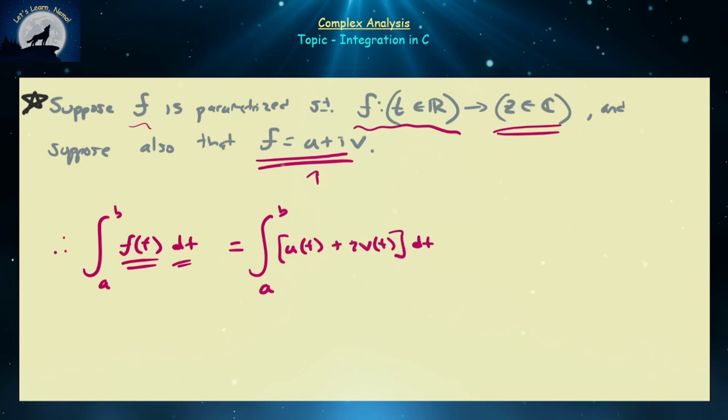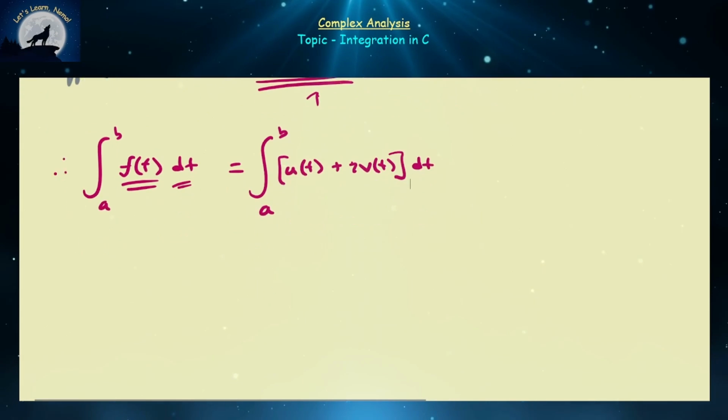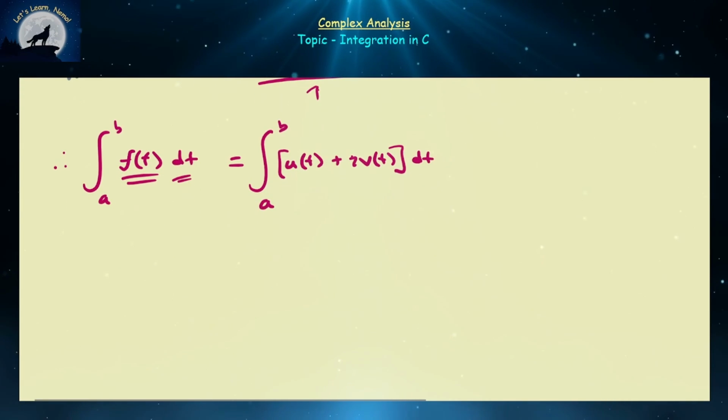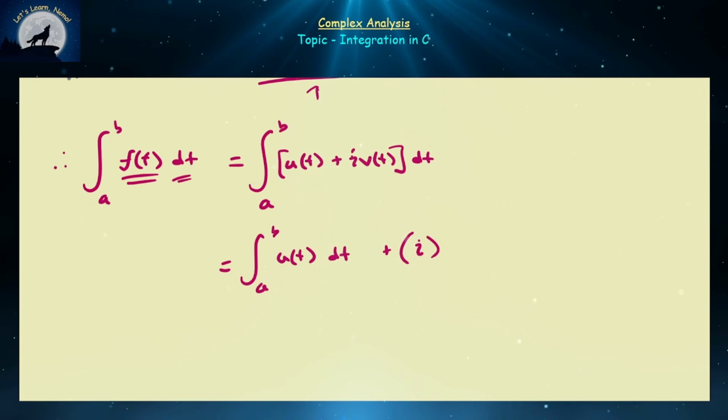And why is that? Well, if f is parameterized with respect to t, its real and imaginary parts will also be parameterized with respect to t as well. And since we know that integrals are linear operators even in the complex plane, but here we're working in the real case, i is just a constant, then what we're going to have is the integral from a to b of u of t dt plus i times the integral from a to b of v of t dt.